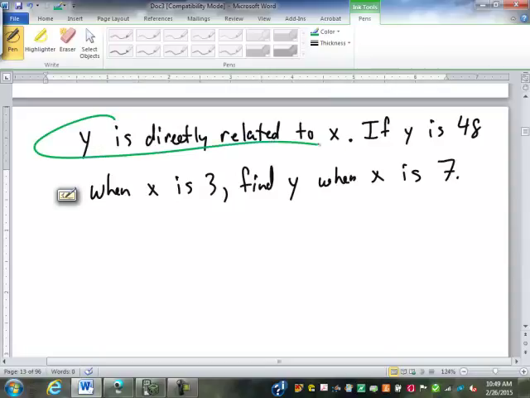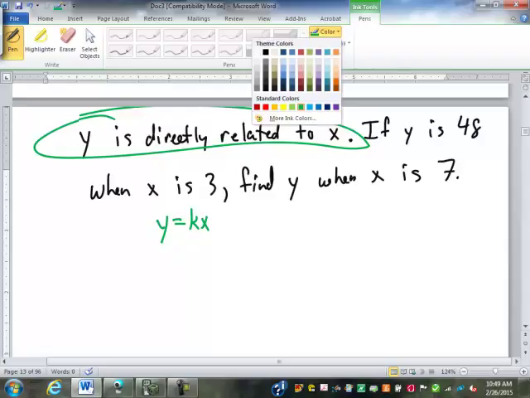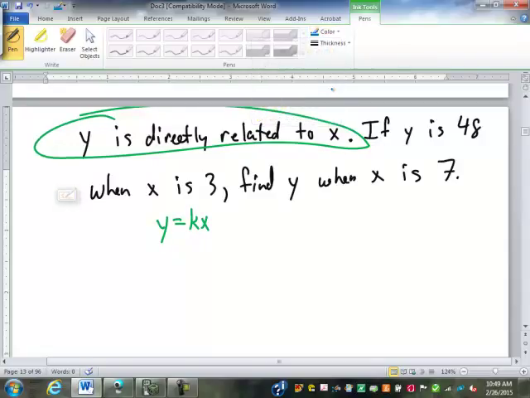We still have y is directly related to x, which means y equals kx. Same as saying y varies directly with x. Next piece of information is what? K times 3.